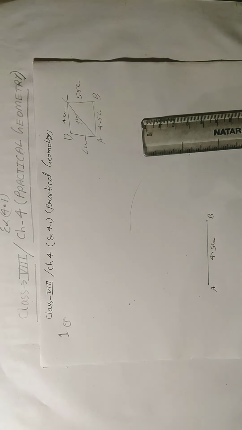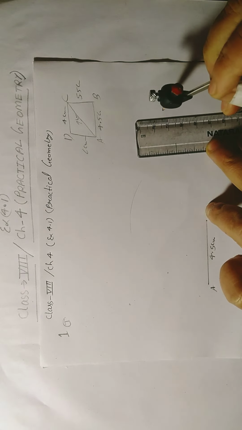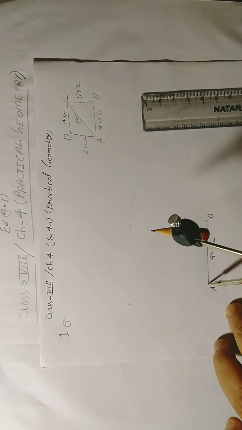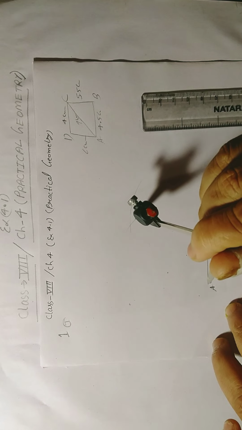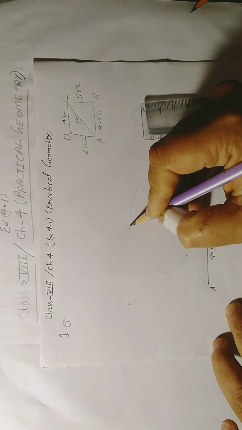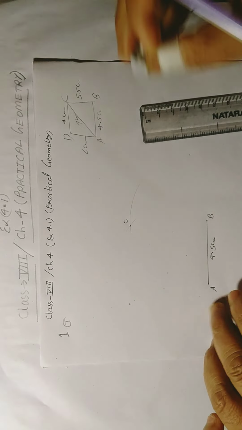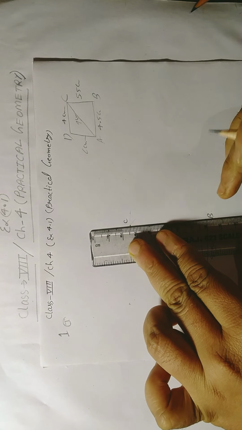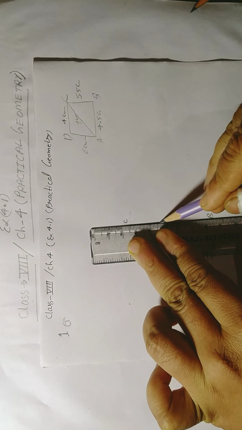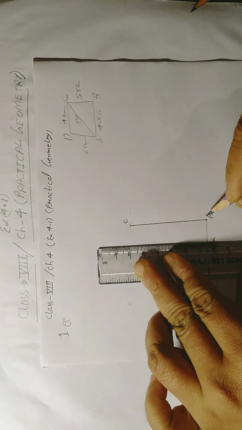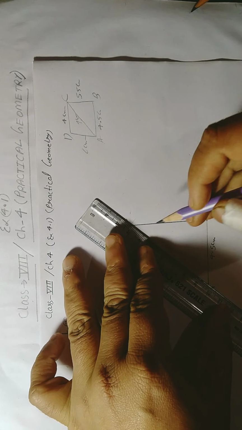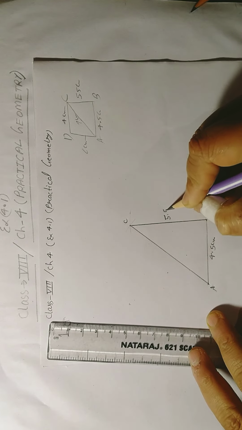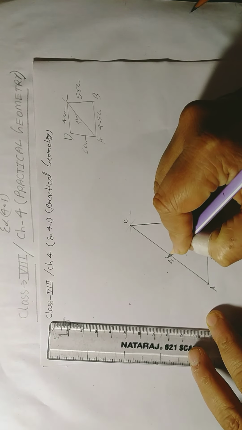Now we take the distance 7 centimeter in the compass and put the compass at A, draw an arc which cuts the previous arc at point C. So it is point C. Rub the extra arc and now we join B to C and A to C, in which BC is 5.5 centimeter and AC is 7 centimeter.